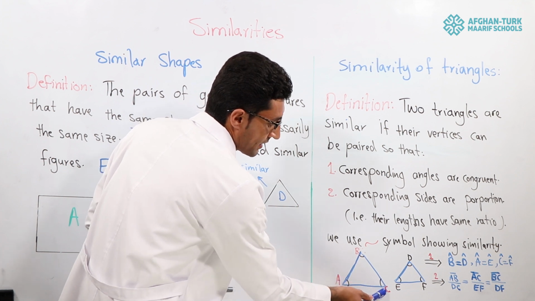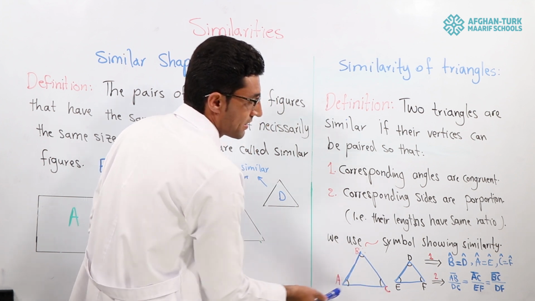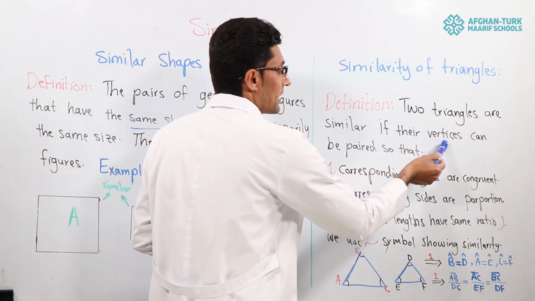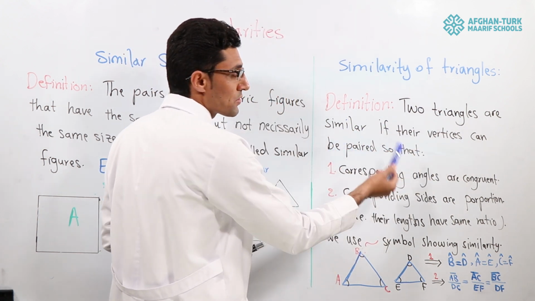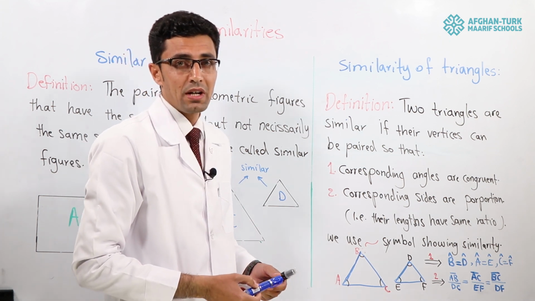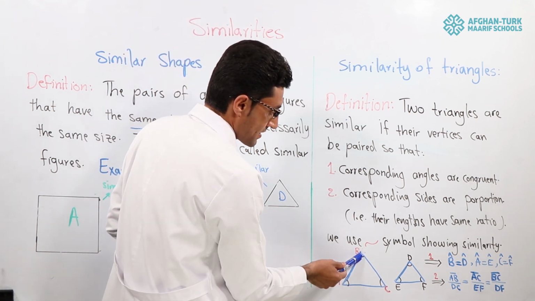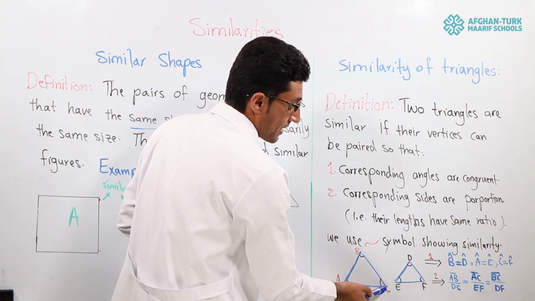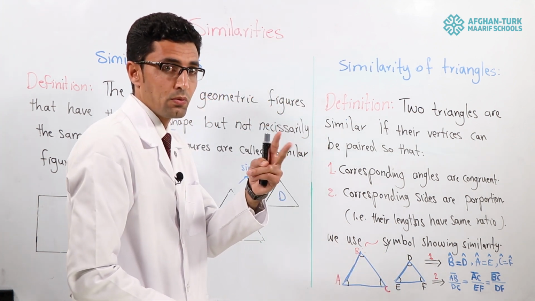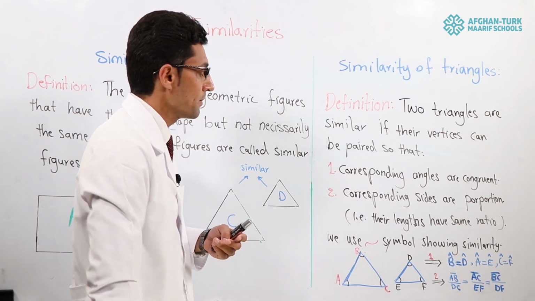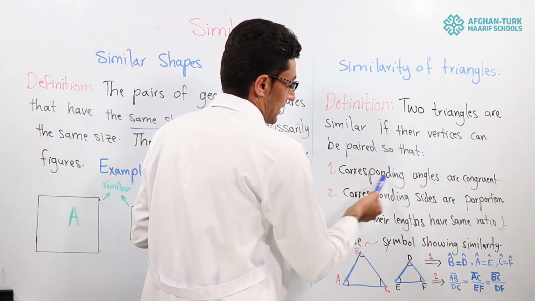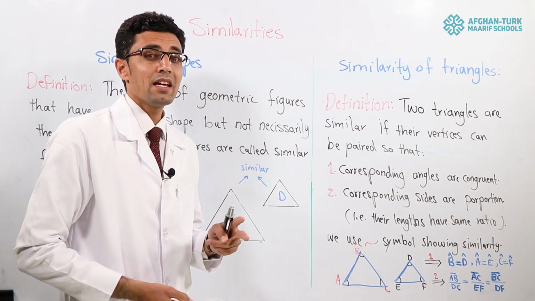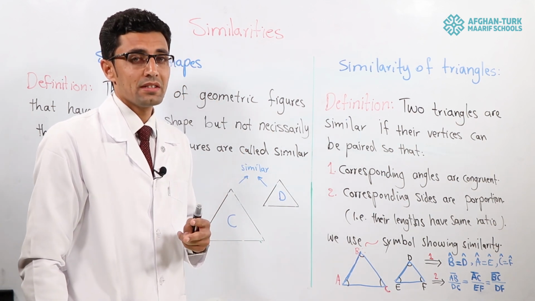These are A, B, and C. Two triangles are similar if their vertices can be paired so that this vertex pairs with this and this with this. Pair means two. We are going to compare two triangles. They can be paired so that we have two rules in order to say that two triangles are similar.